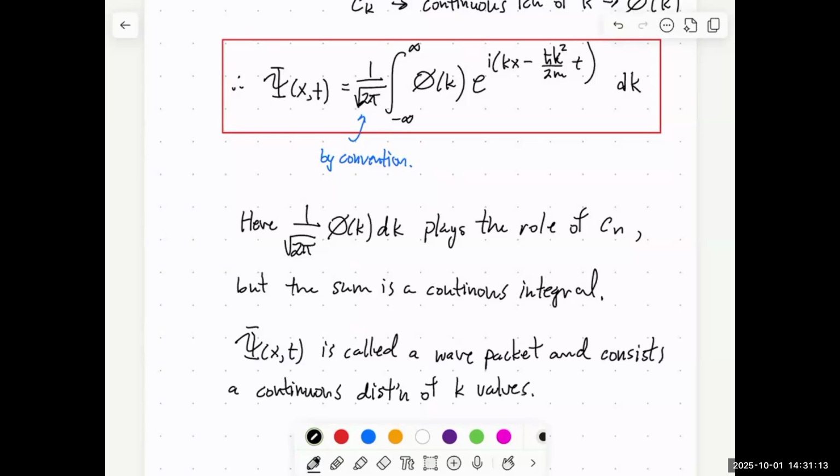The weighting of these different traveling waves is determined by the shape of phi of k. So in order to remain a finite wave function, phi of k must go to 0 at very large k's, positive and negative, and then it could have whatever shape you like in the middle, and it's going to tell you how much of a traveling wave with a particular value of k contributes to your wave function. So that's the idea.